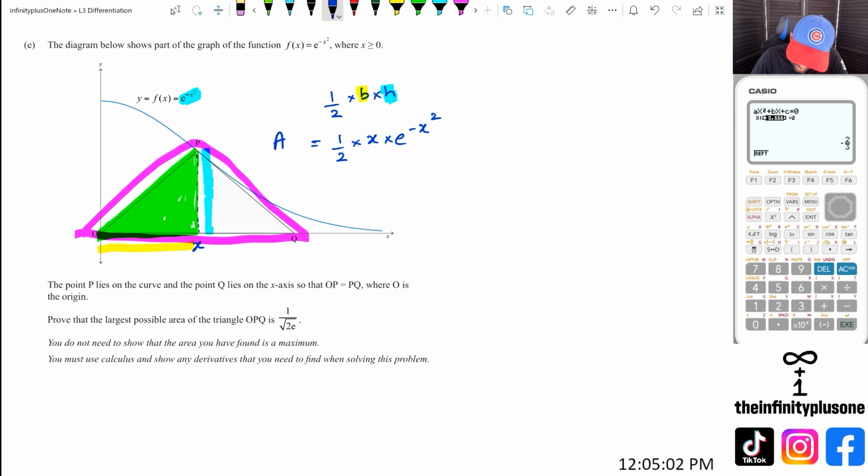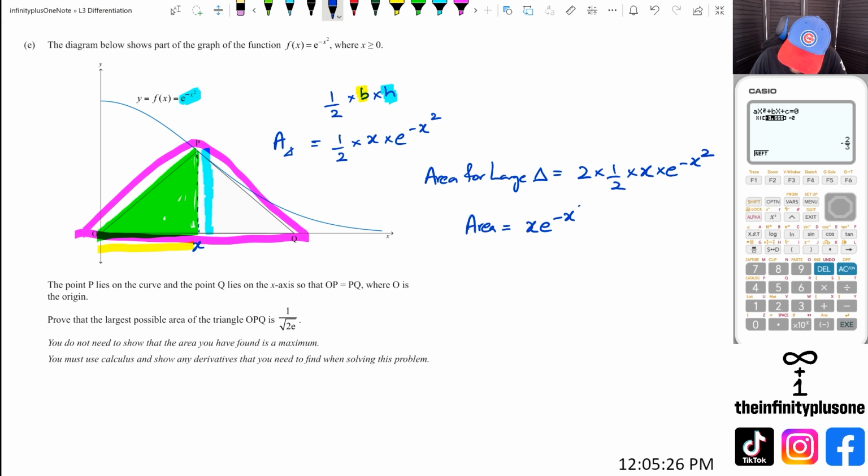So this is area for single triangle. So area for large triangle is going to be 2 times a half times x times e to the power of negative x squared. So basically, area for that big triangle is going to be x e to the power of negative x squared.